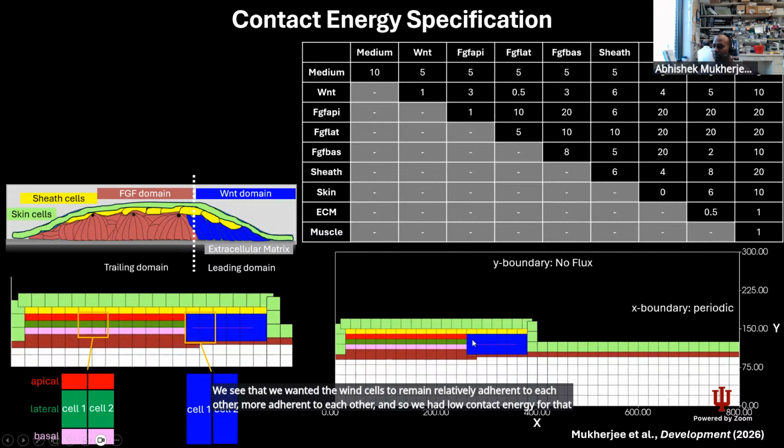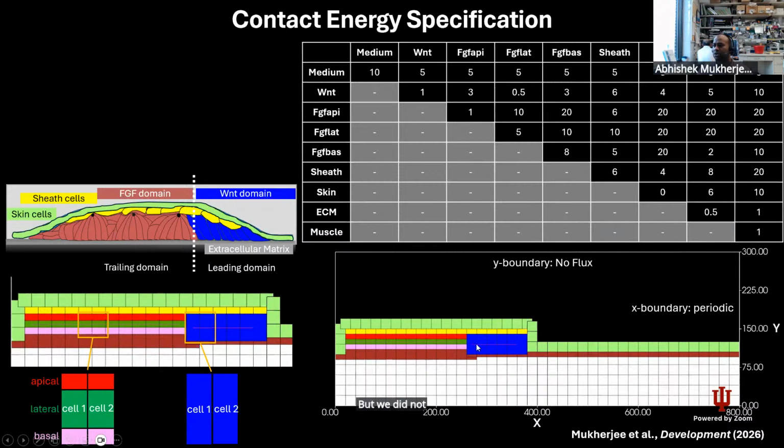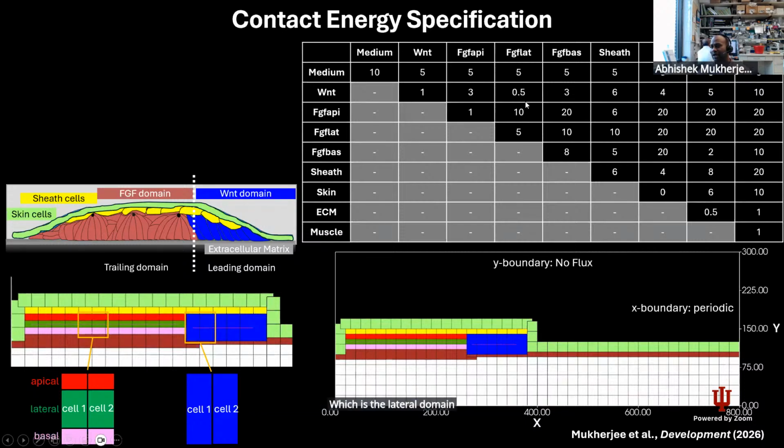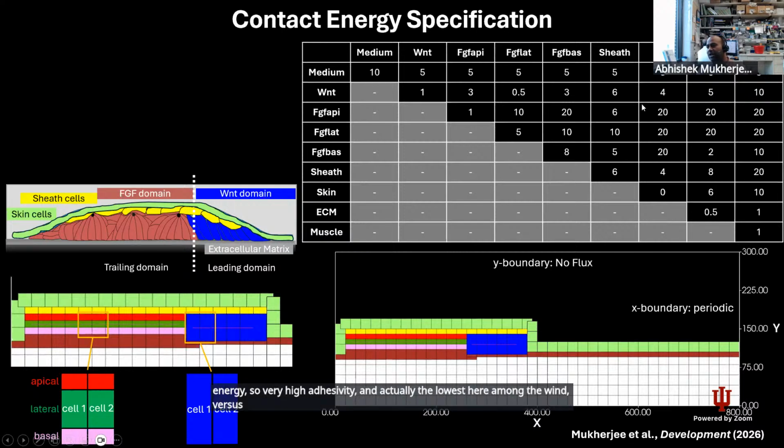And also we wanted the interface, the Wnt on one side and the FGF lateral, the green domain on the other side, to not break up. So that's why we wanted the Wnt and FGF lat, which is the lateral domain, to have a very, very low contact energy, so very high adhesivity, actually the lowest here among the Wnt versus the other cell types.